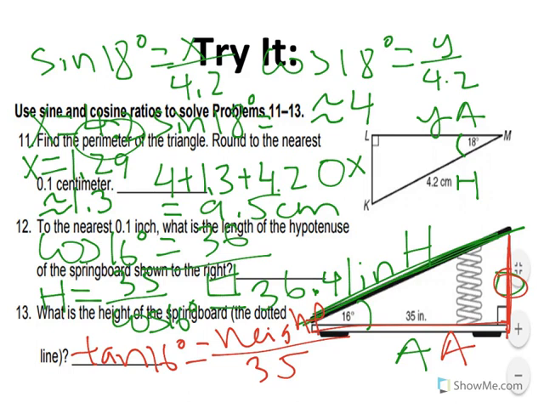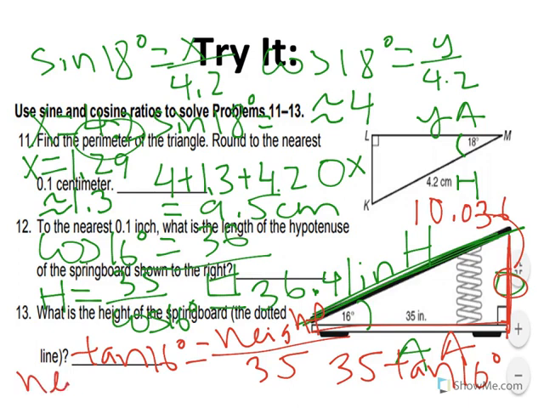So then the height is 35 times tangent of 16 degrees. Okay, so then the height is, let me write it here, 10.036, or we can round it to a height of 10 inches.